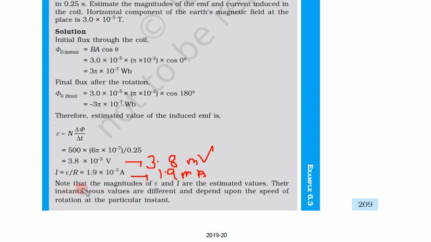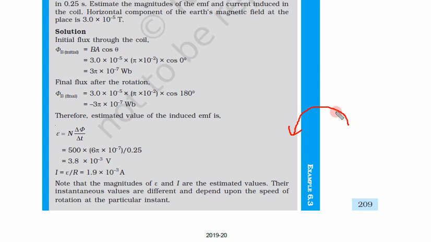Note that the magnitudes of epsilon and I are estimated values. Their instantaneous values are different and depend on the speed of rotation at the particular instant. These values are only estimated because nowhere is it given that the rotational speed is uniform.